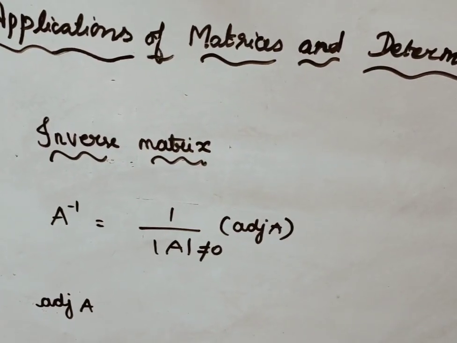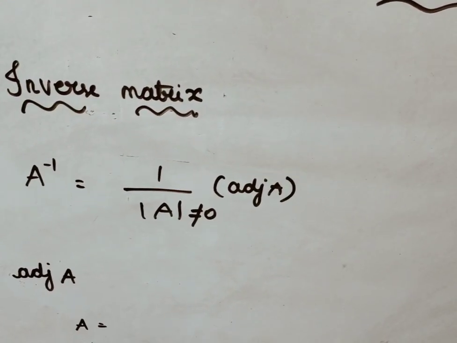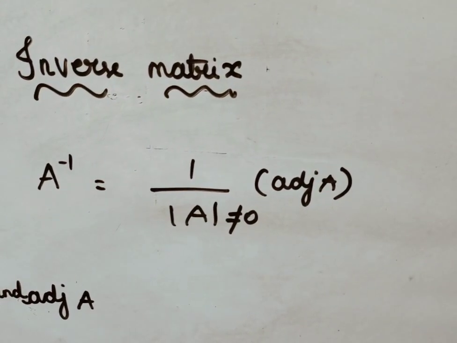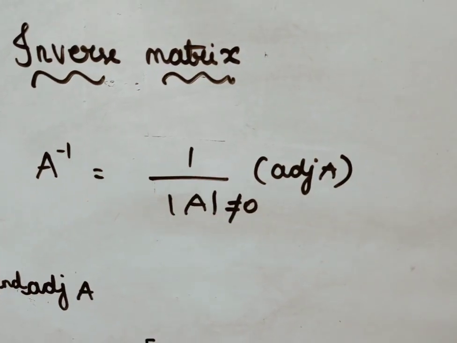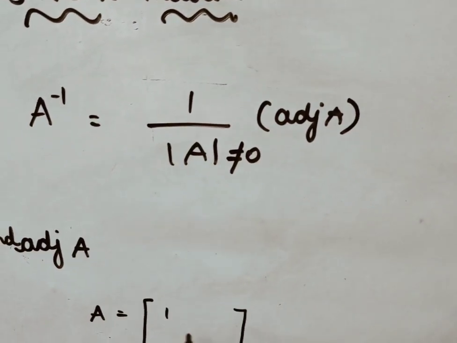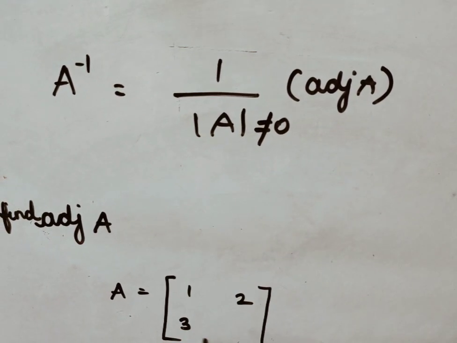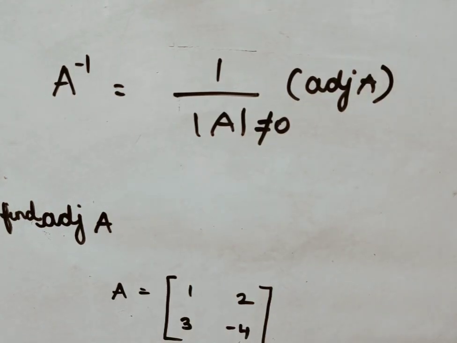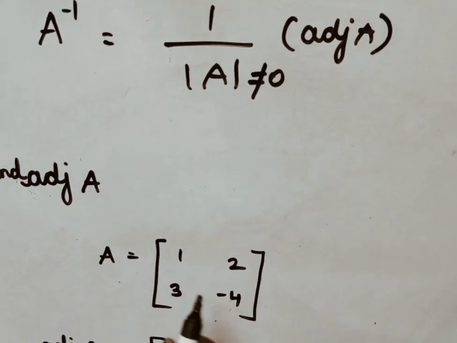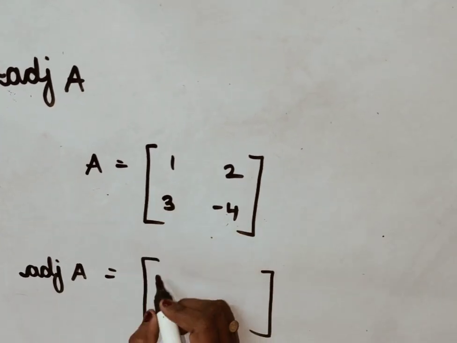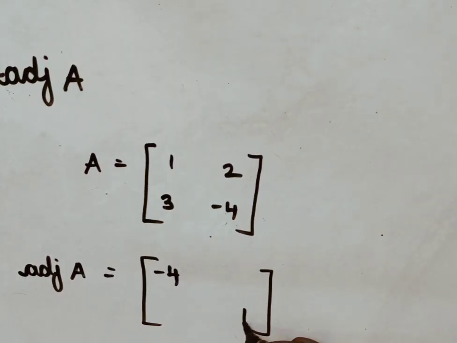Okay. Let us consider a matrix A. Find adjoint of A. So, I will consider one 2 cross 2 matrix: 1, 2, 3, minus 4. If I want to find the adjoint for a 2 cross 2 matrix, how to do that is, diagonal-wise we have to swap the elements, that is, minus 4 has to come here, 1 has to come here.